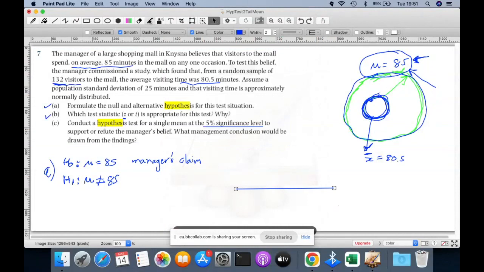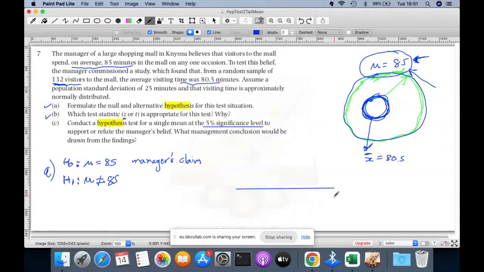So there's our z-axis. If we draw that curve, which is centered at 0, and try my best to draw it here, there we go, centered at 0.